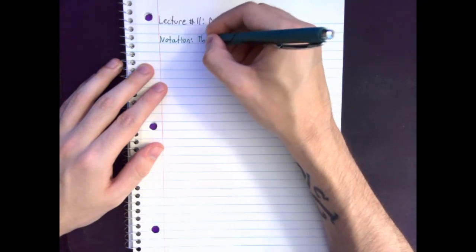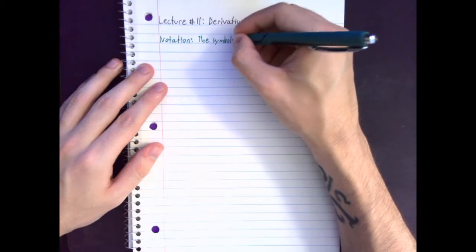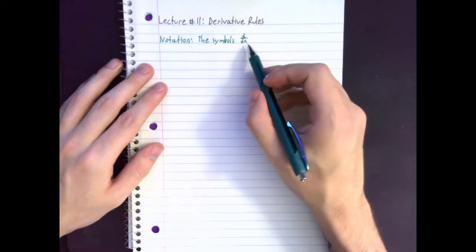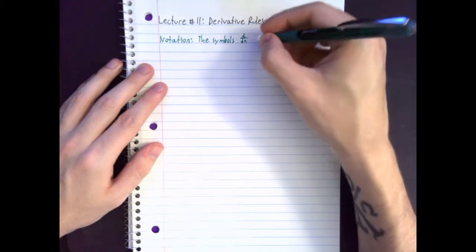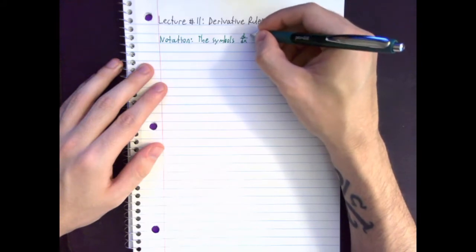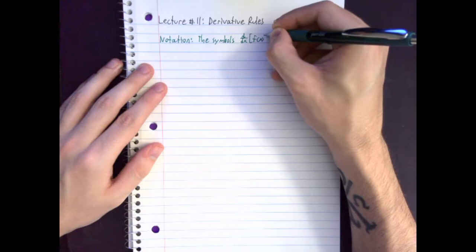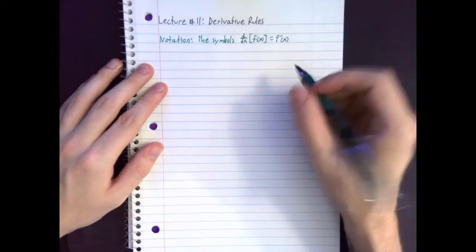So the symbols d/dx, this is kind of like the Leibniz notation, but I don't have a y next to my d in the numerator here. So d/dx of f(x) equals f'(x).